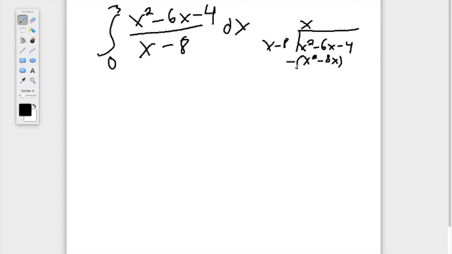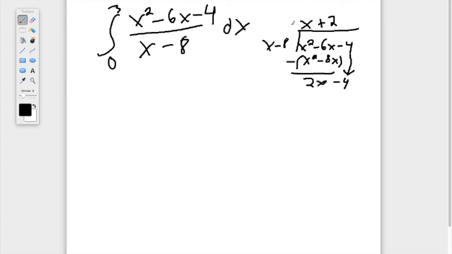So these x squared terms cancel out. This negative 8x becomes positive, so you get 8x plus negative 6x. That's 2x. And now we have to bring down the negative 4. So x minus 8 goes into 2x 2 times.